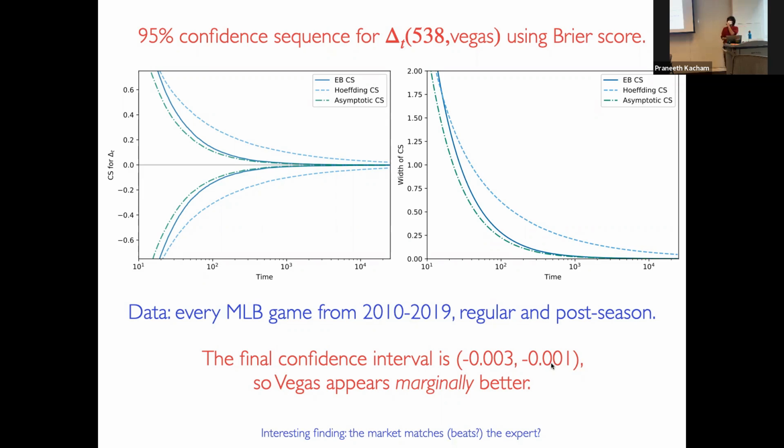Can I ask you? Yeah. So just trying to interpret what you just said, you were comparing the Vegas. Yeah, in this case, it's 538 and Vegas. That's what I'm plotting here. It's the 95% confidence sequence for delta T between 538 and Vegas. Remember, delta T is this hypothetical reality that I don't know.